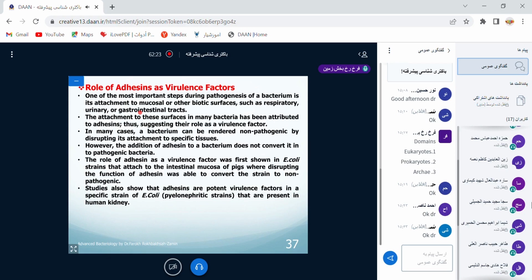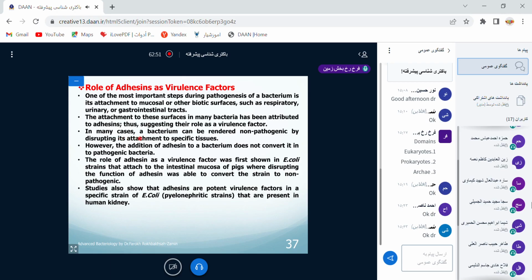So the start of infection is by attachment of bacteria to the target cells. The attachment to these surfaces in many bacteria has been attributed to the adhesins, thus suggesting their role as a virulence factor.